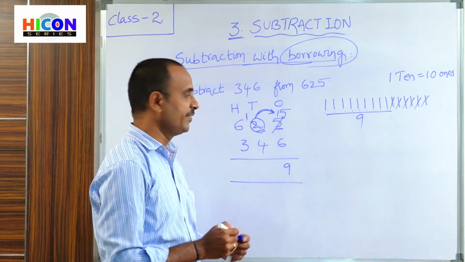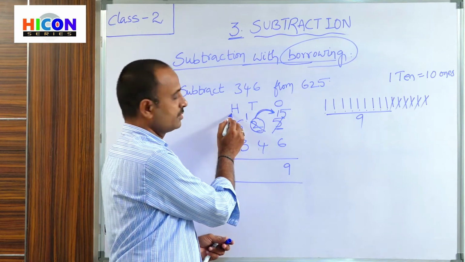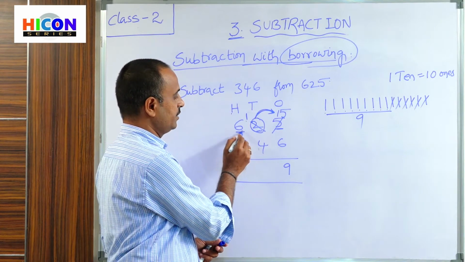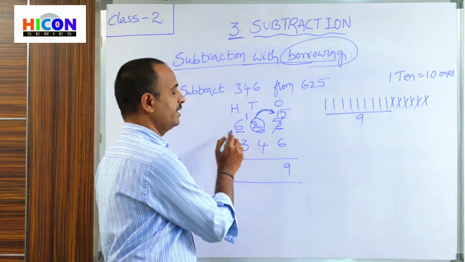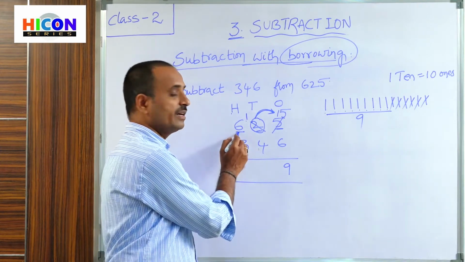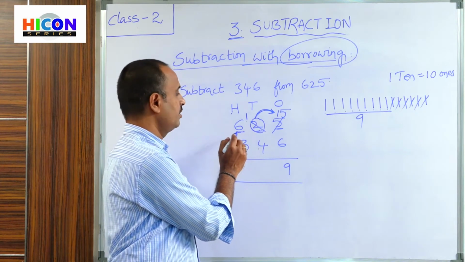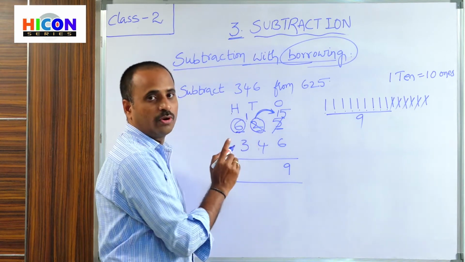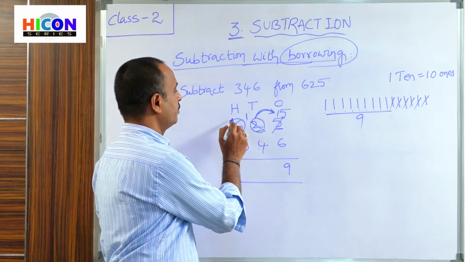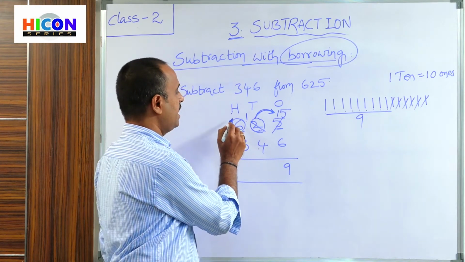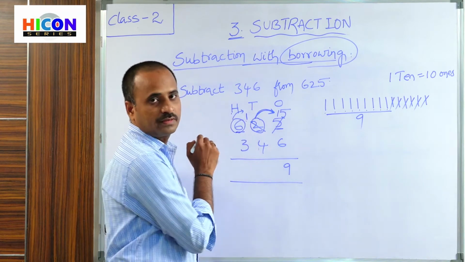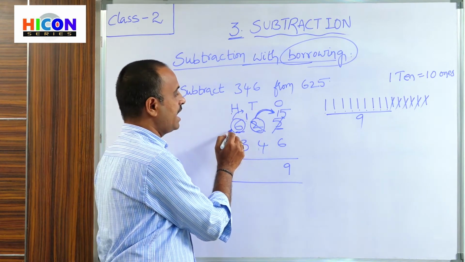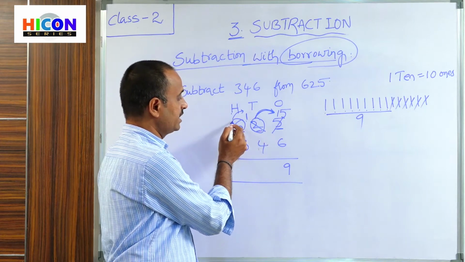So what is this previous place? Hundreds place. So what is the digit here? 6 is present in the hundreds place. That means how many hundreds are there? 6 hundreds are there. So now borrow 100 to the tens place. So carry 100 to the tens place. If 100 is carried to the tens place, how many hundreds will be there?